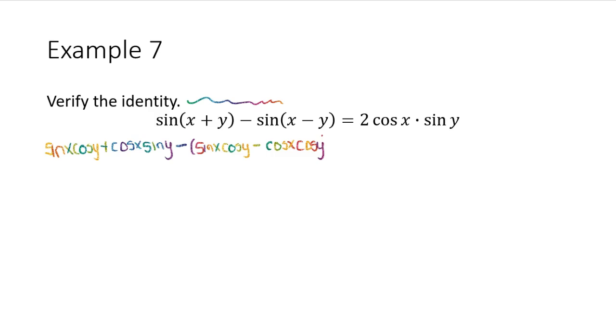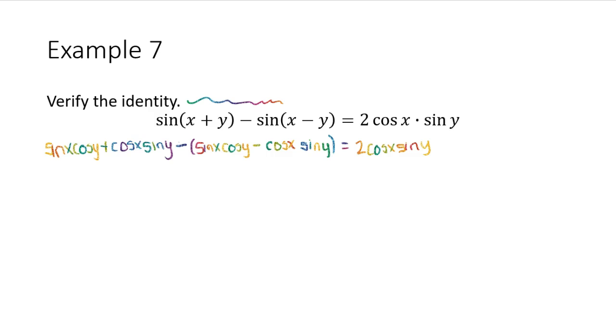Sorry, it should be times the sine of y there. And we want this to be equal to 2 times the cosine of x times the sine of y.